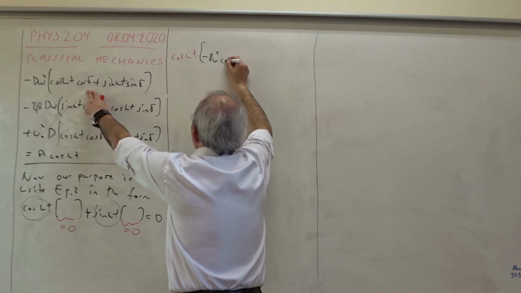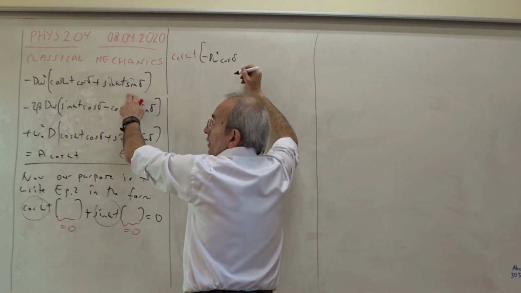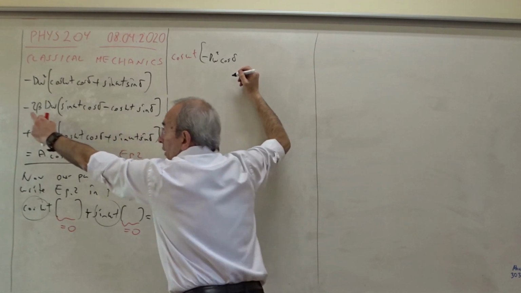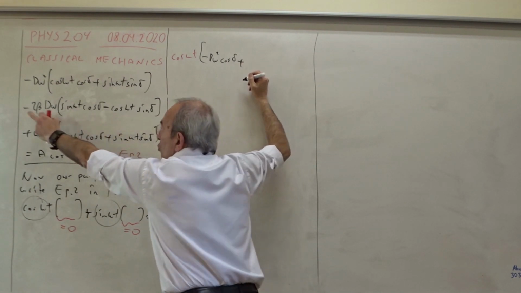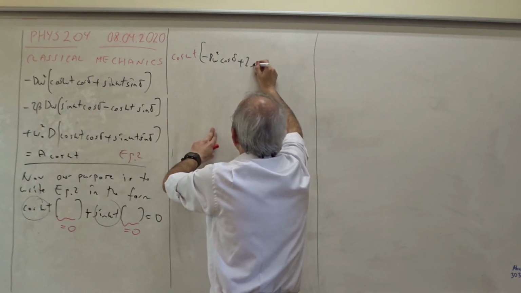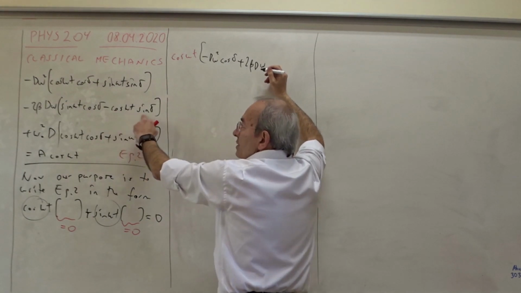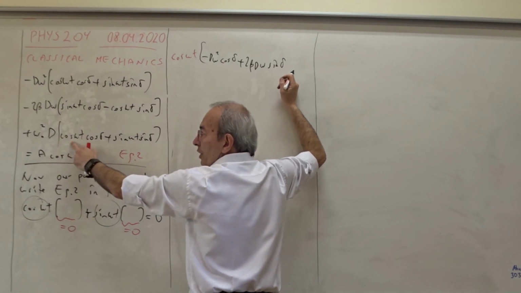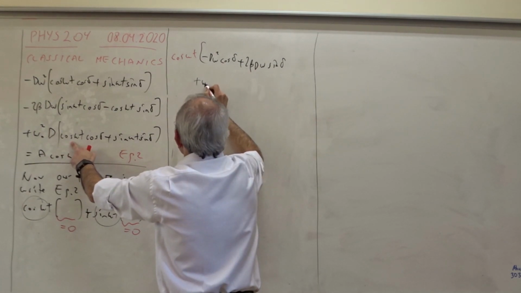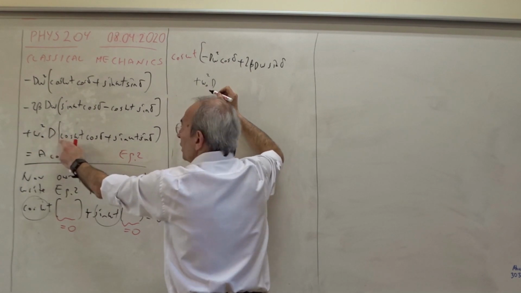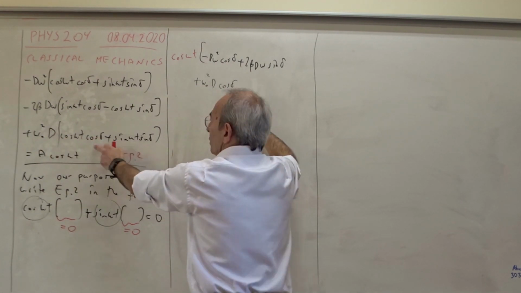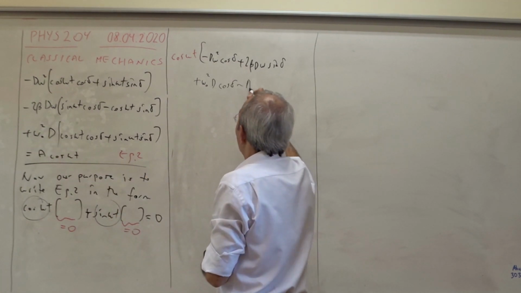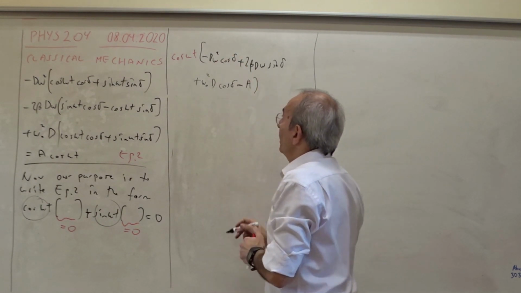There is no other cosine omega t term in the first line. In the second, it is plus 2 beta D omega sine delta. Next, we have a cosine omega t here, plus omega 0 squared D cosine delta. And we have an A coming from the other side, minus A, all multiplied by cos omega t.